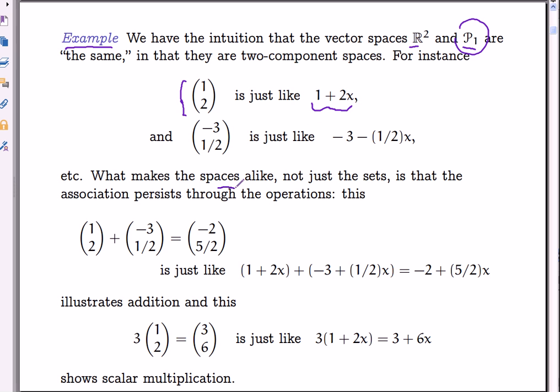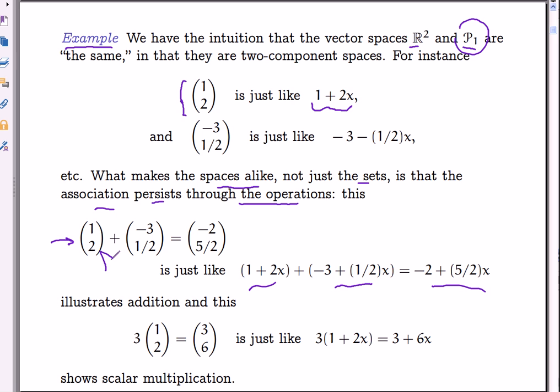So what makes the spaces alike, not just the sets, is that the association persists through the operations. So what does that mean? Take an equation like this in R2. (1, 2) plus (-3, 1/2) is equal to (-2, 5/2). I can write a similar equation in P1 that has the same structure and reaches the same conclusion.